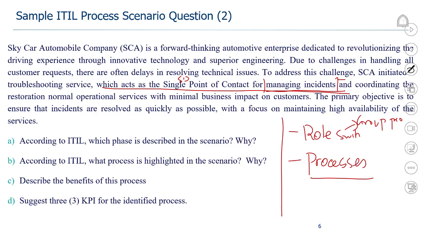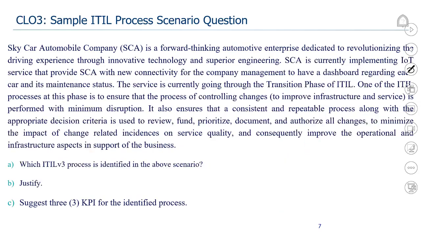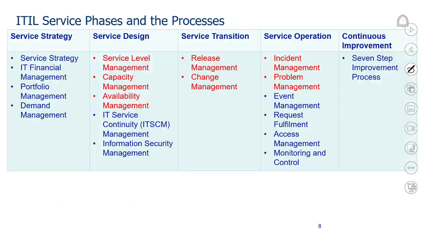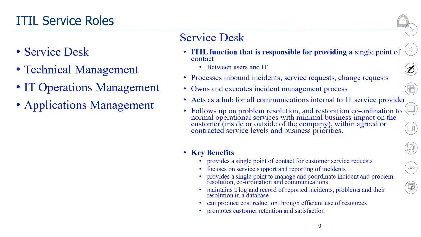Okay, so according to which phase is described in the scenario and why? Now, for us to answer those questions, before I come back to those two questions, let's go through the ITIL summary. Okay, this is just my summary of ITIL. First, I talked about the roles, okay? So ITIL has roles.